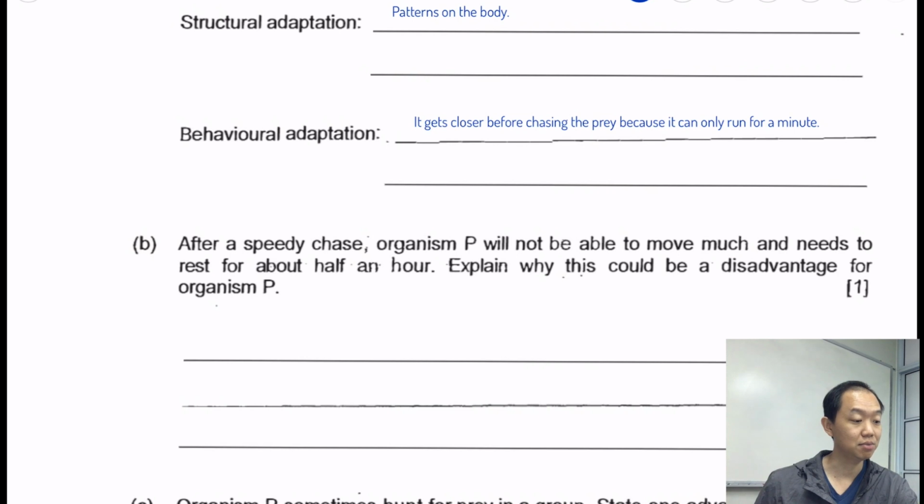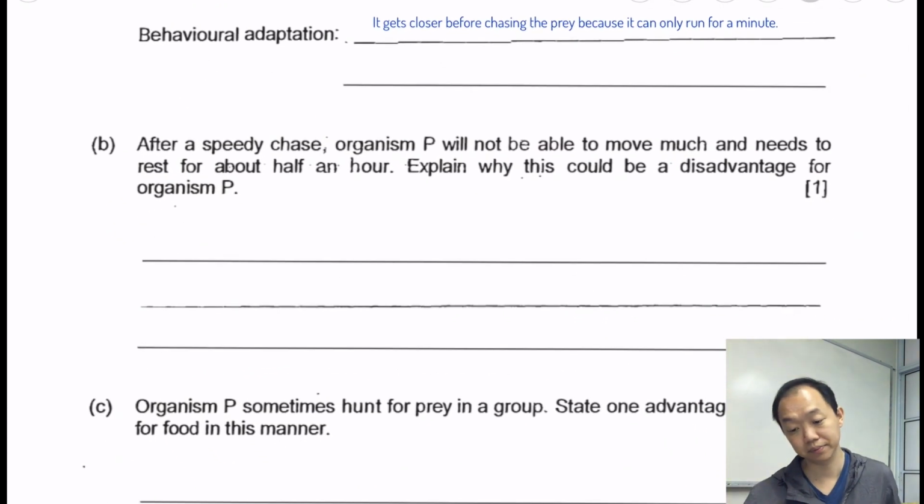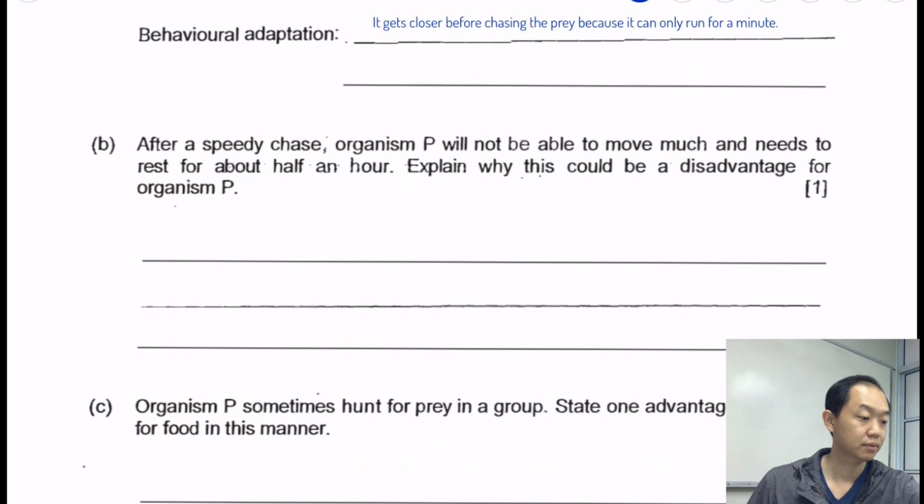So after a speedy chase, this P will not be able to move much and needs to rest. Why could this be a disadvantage for P? Why is it bad? Cannot move.